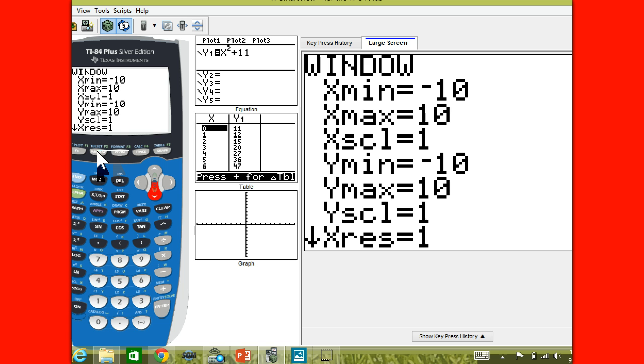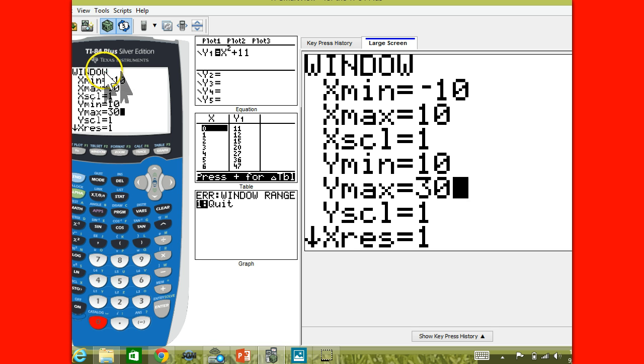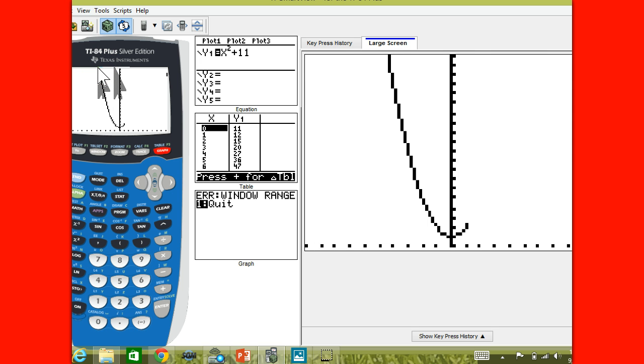There was nothing to be seen between negative 10 and positive 10, so I'm going to get rid of that and tell it to make my minimum value now positive 10. And typically if I'm seeing 20 units vertically, I could just change this to tell it go 10 to 30, and I could still see those 20 units vertically. So now when I go back to graph, now I'm actually getting a good image of that parabola.